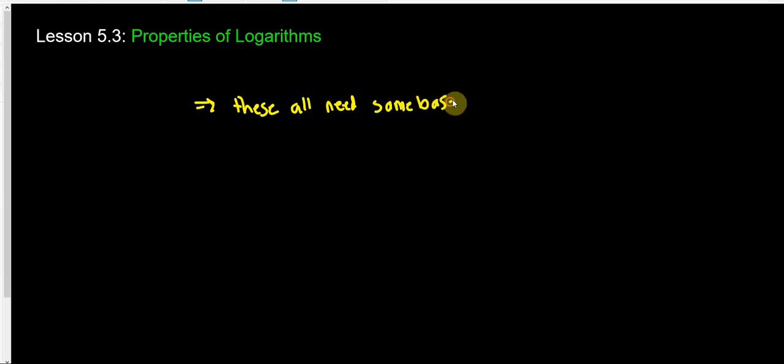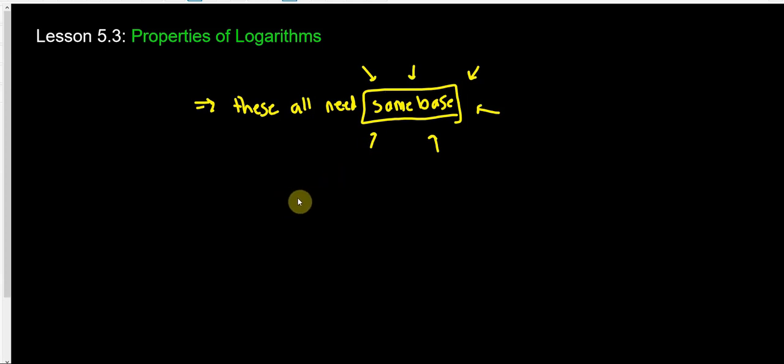Every property that I'm going to show you in today's lesson relies upon the bases being the same when it relates to logarithms. All right, so that's key. If you're not dealing with the same bases, you cannot use these properties, at least the first two properties. The last one's only a single logarithm.